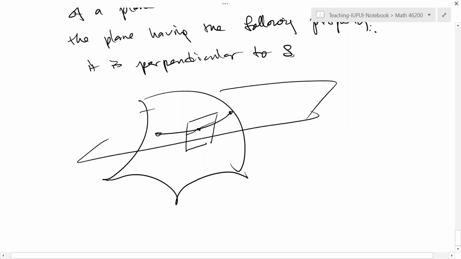How do you define two planes perpendicular? Their two normal vectors are perpendicular.